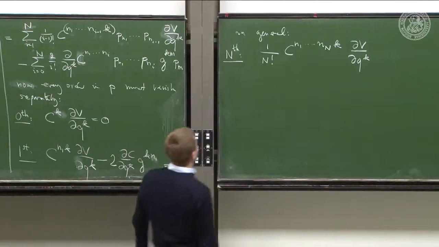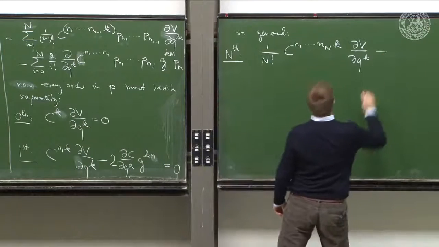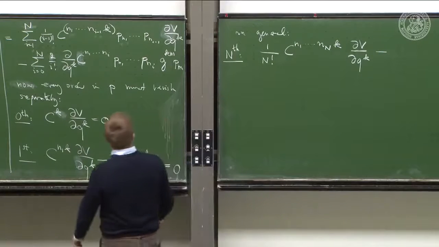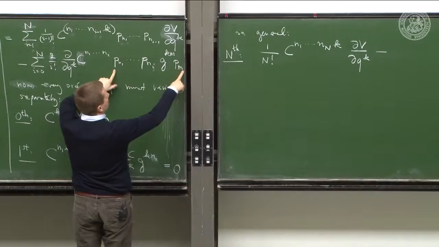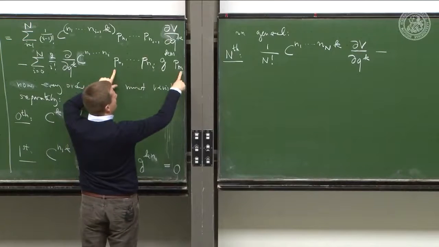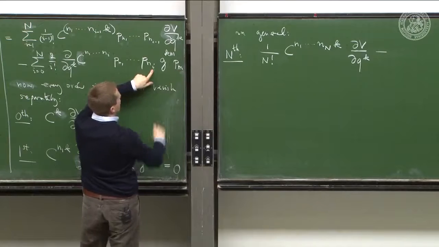That's this guy. And from the second term, I want the guys with n P's. Now, there is an extra one here. So I have capital N P's if the I is n minus 1.